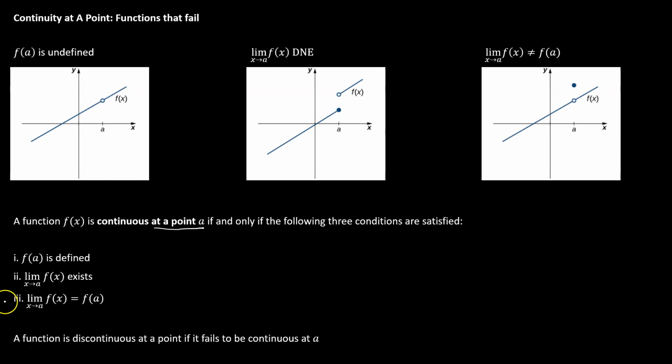And three, not only does the limit have to exist, like we said in part 2, and not only does the function have to be defined, like we said in part 1, but parts 1 and 2 need to be equal to each other. That's what the third condition is saying. So we'll check the function's defined, we'll check that the limit exists, and then we'll check to make sure that those two things are equal to each other.